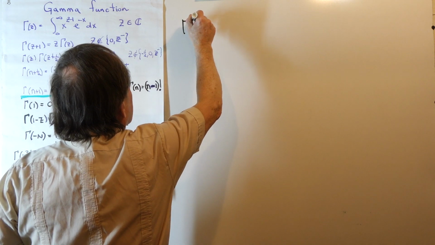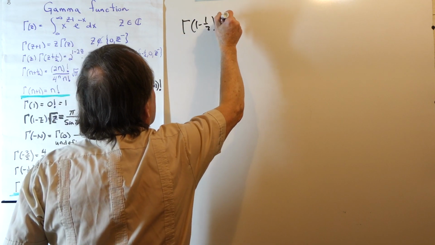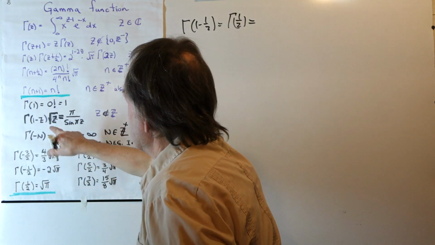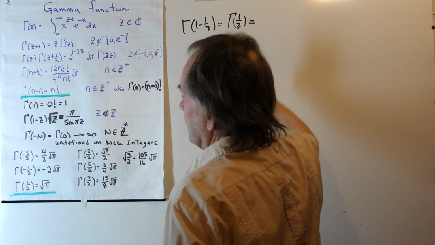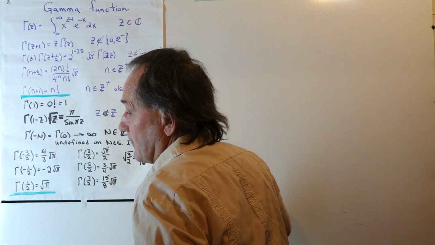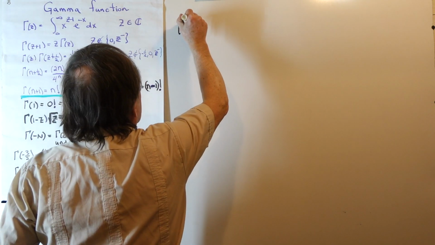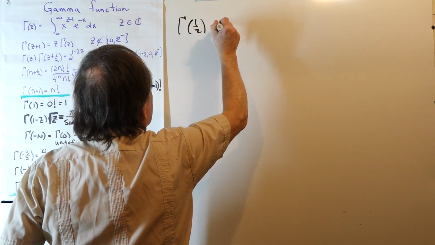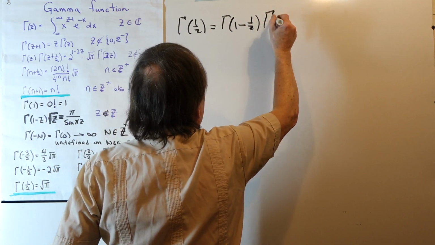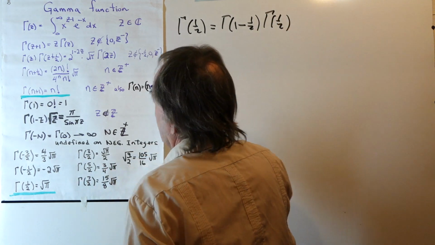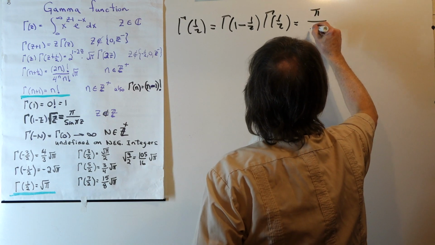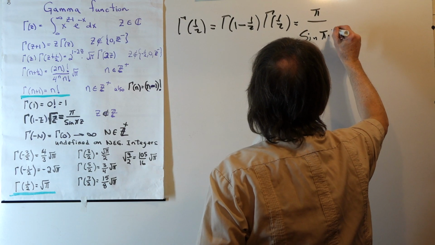So gamma of 1 minus 1/2 is gamma of 1/2. Gamma of 1/2 times gamma of 1 minus 1/2, that's this relationship here, and that's equal to pi over the sine of pi times z.